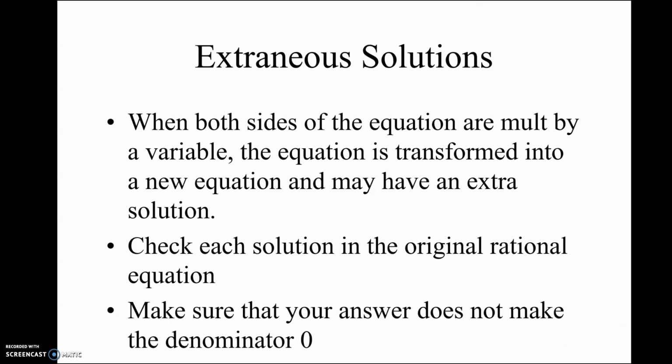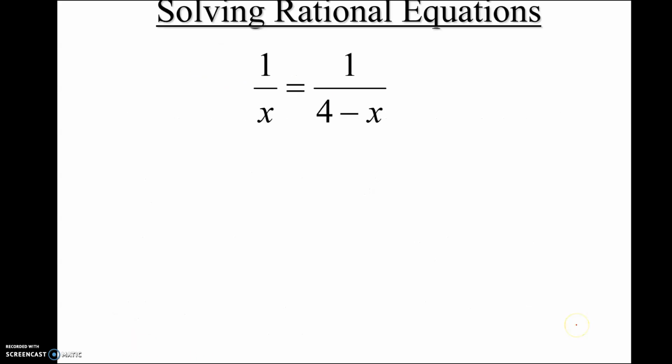And then we also want to talk about that sometimes we have a solution that is called an extraneous solution, meaning that when I plug it back in, it doesn't work or it makes the denominator 0. So here I have two denominators. I have x and 4 minus x. And I can't factor anything out of that, so its factor is just x.